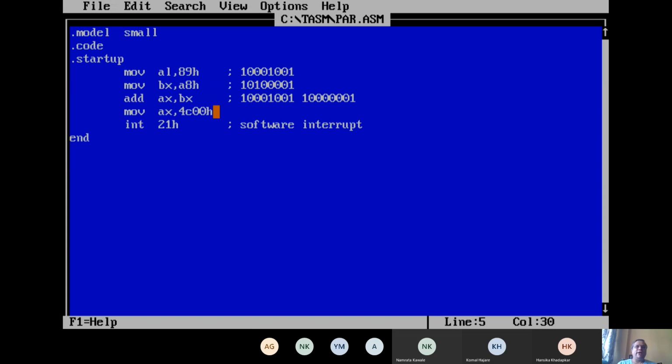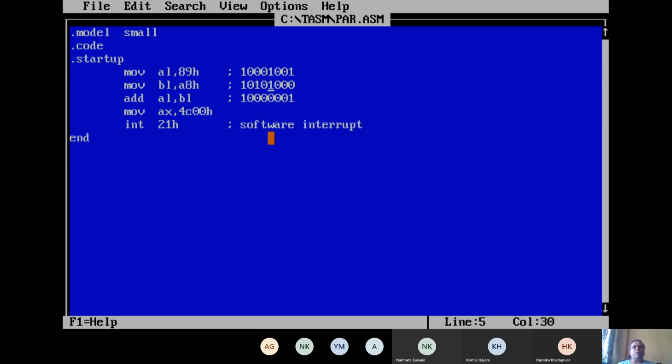And 8 means it is 1000. So this is A8 in binary, and I wanted to perform addition. So of course it should not be stored in BX. I can store it in either BL or BH, and then the add instruction will change. It will now be add AL comma BL, because I am supposed to add 8-bit operands.